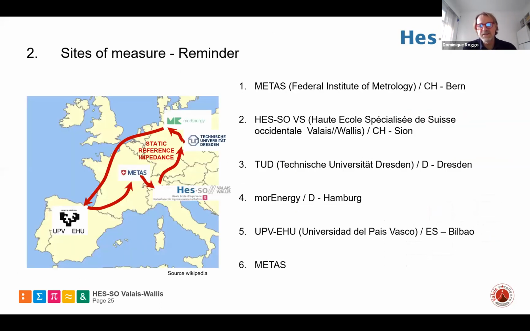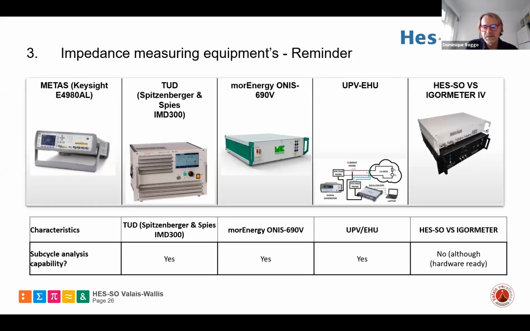Again, the device was tested by different entities and different impedance analyzers with more or less success. These are the same devices that were presented. Here we show simply that three of those devices can work in subcycle and make a very fast impedance measurement and record it.